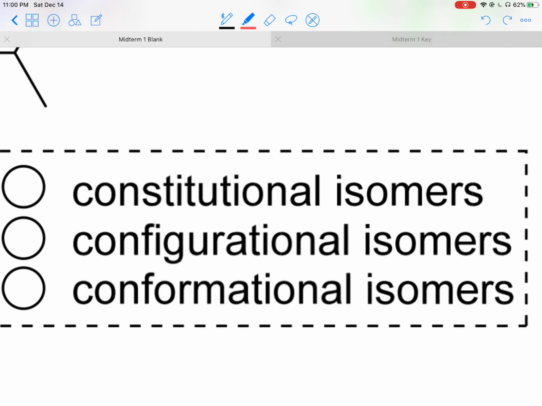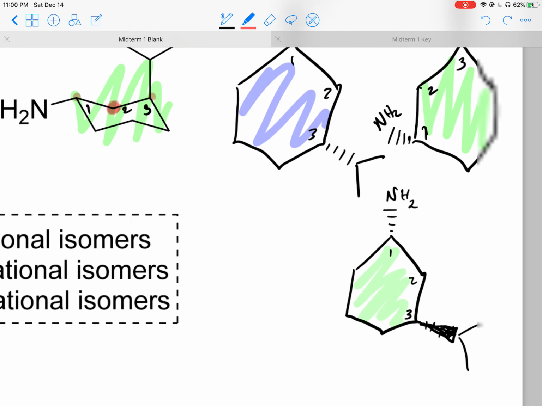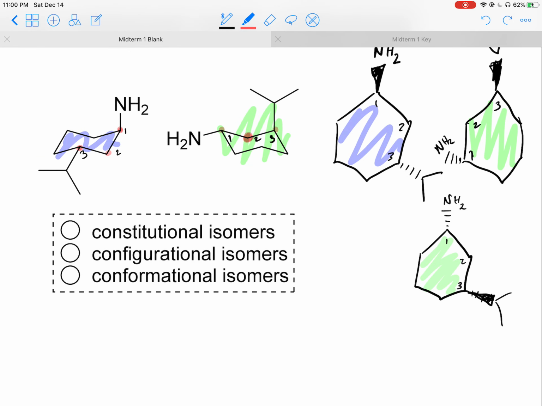They're not conformational isomers because that would just be a rotation around a single bond, and that's not true, because if we draw them this way, if you flip it over, the isopropyl group will be over here instead. So those are not conformational; they're actually enantiomers of each other.